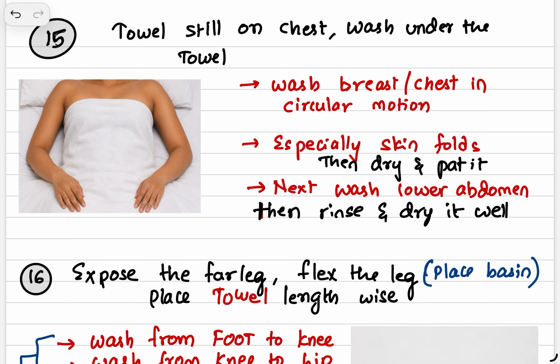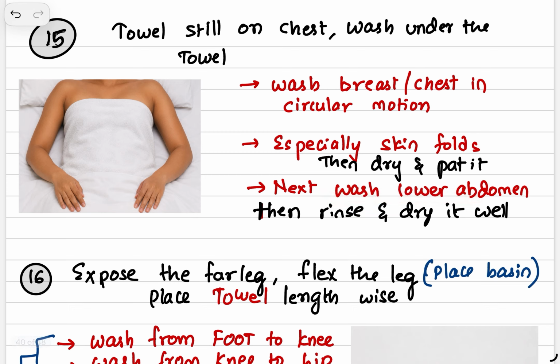Are you understanding? Okay. So wash the breast or chest of the man in a circular motion. Especially the skin folds of the breast or the skin folds of the chest, you have to wash with special attention there. Then next wash the lower abdomen.